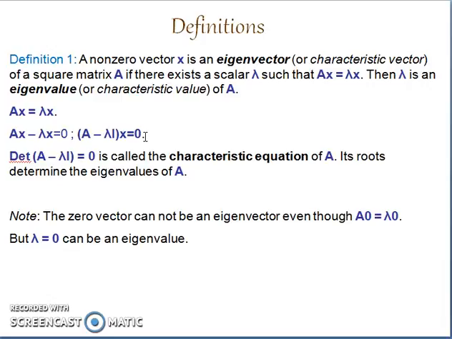So Ax equals lambda x, from this we get Ax minus lambda x equals 0.